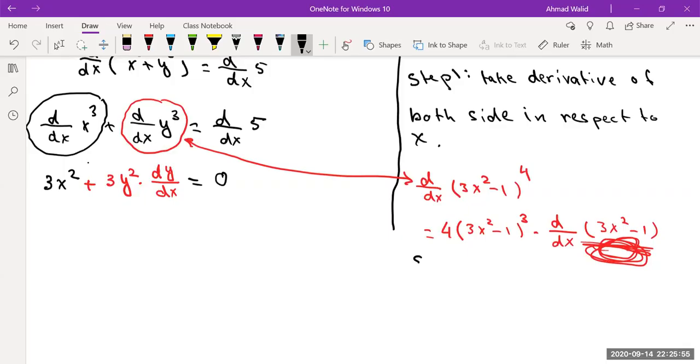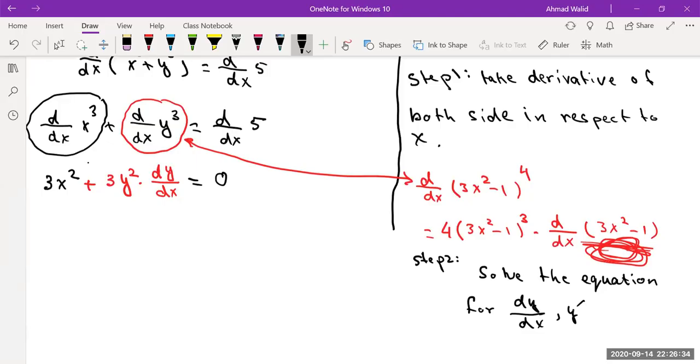And step 2, solve the resulting equation for dy dx, or in your book, they call it y prime. Anytime you can use the notation of y prime. Sometimes I use y prime, sometimes I use dy dx. Which way you go, they are the same. They are two different notations, right?